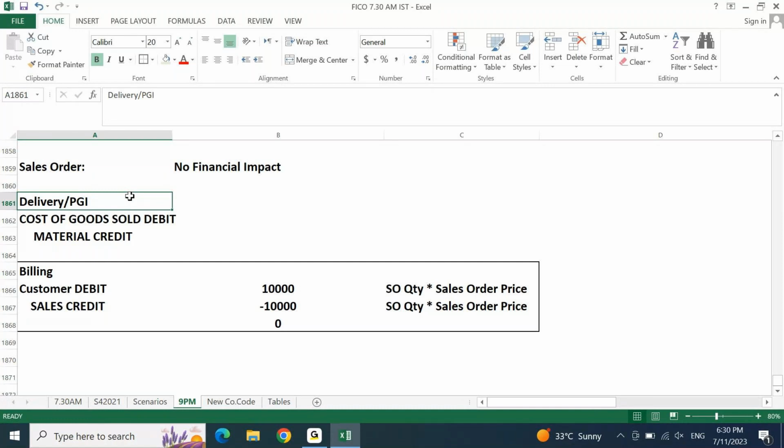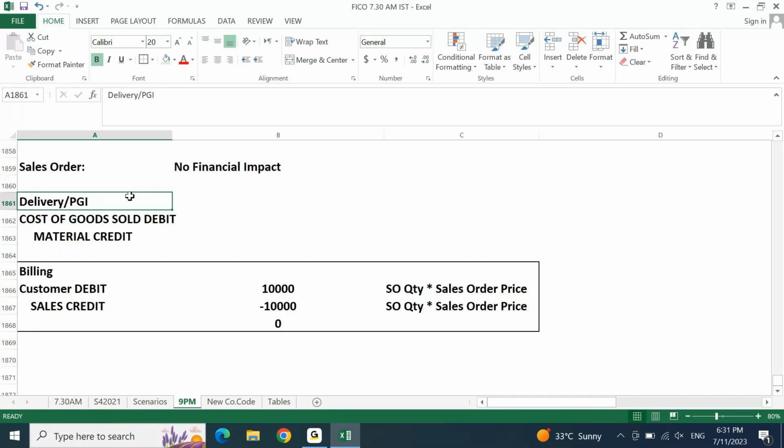Tomorrow, if somebody asks you, if you perform any particular sale, how do you know the profit on this particular sale? Because from the FI point of view, there is no standard report which will show you the profit that you are generating from this particular sale. You have to depend on something called COPA, profitability analysis, to understand profit on a particular sale transaction.